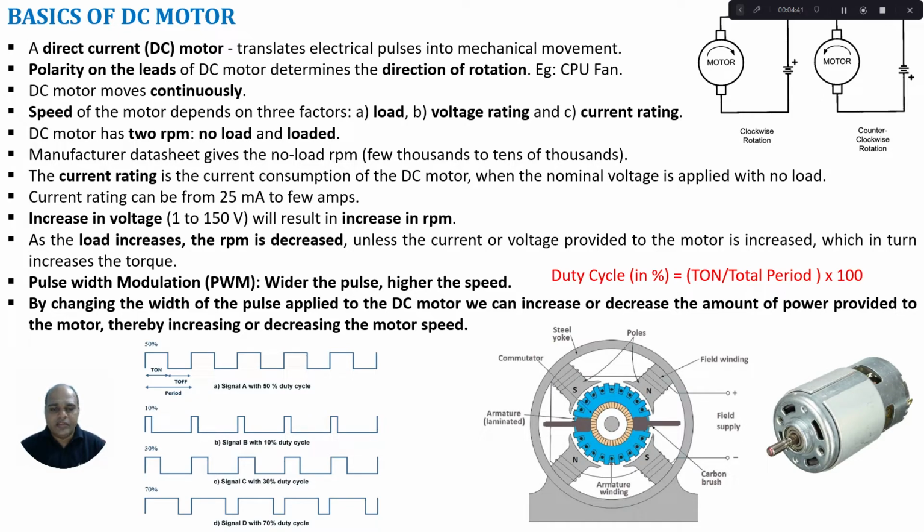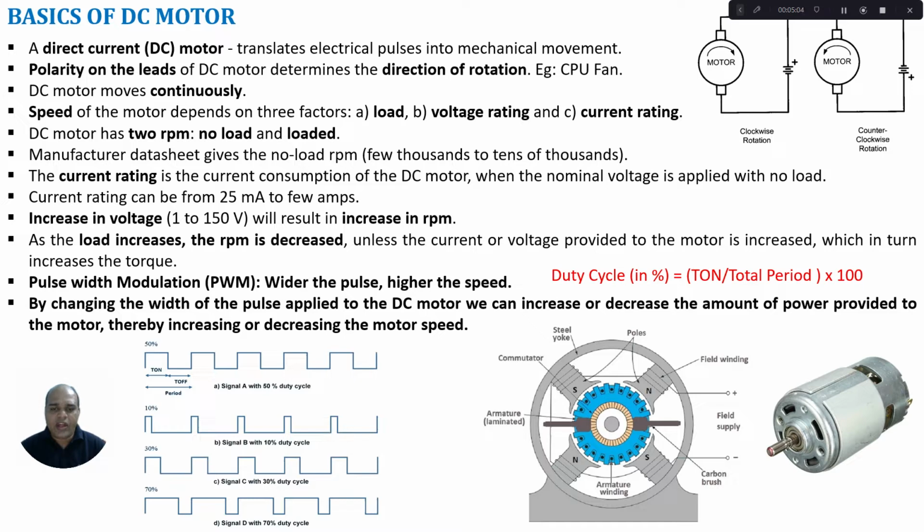The fourth interesting method by which we can vary the speed of a DC motor is through pulse width modulation, which is a PWM signal. In a PWM signal, we generate a square wave with different on times.